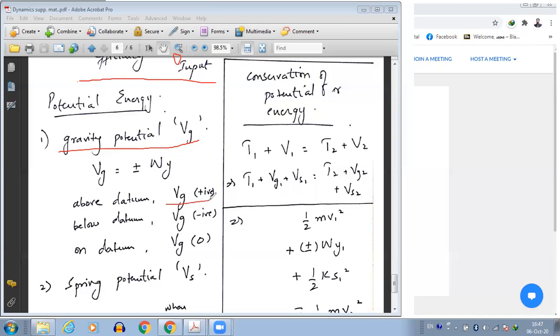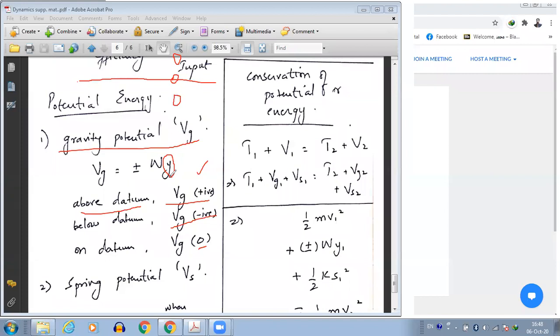So Vg is positive when it is above datum. When the object is below datum, Vg is negative. When the object is on the datum, Vg is 0. So this y is basically the vertical distance from the datum.